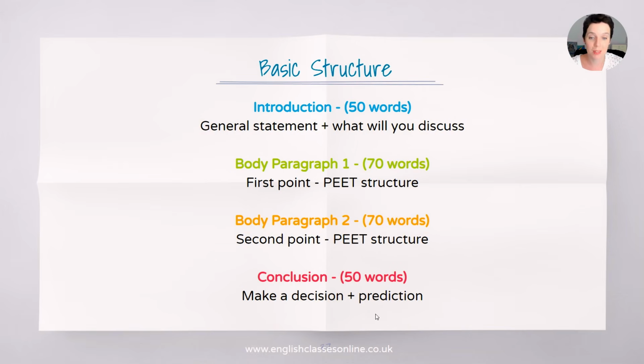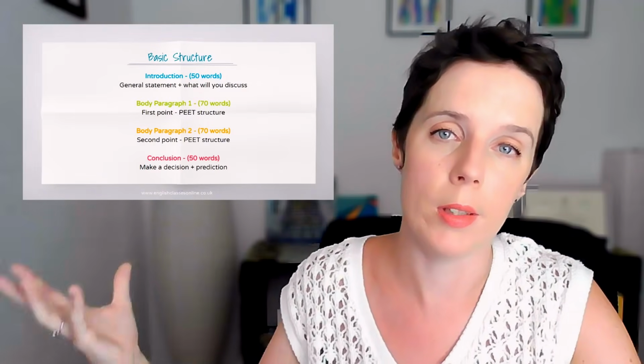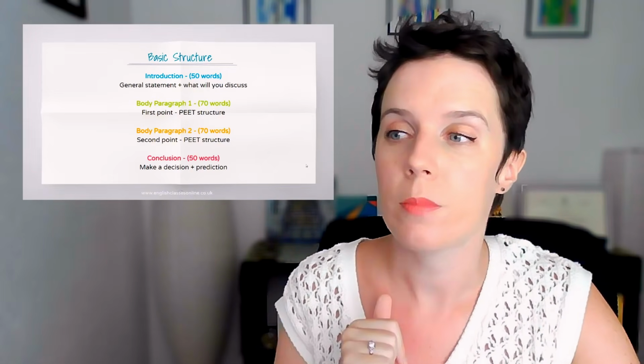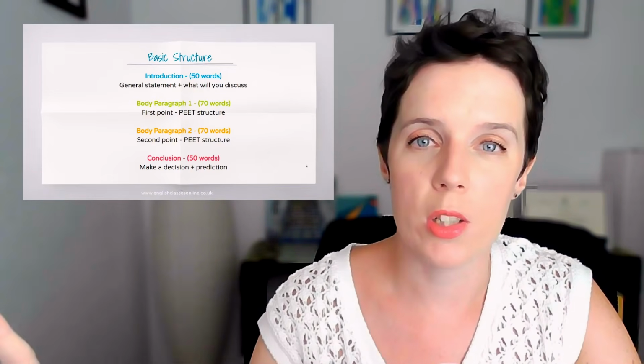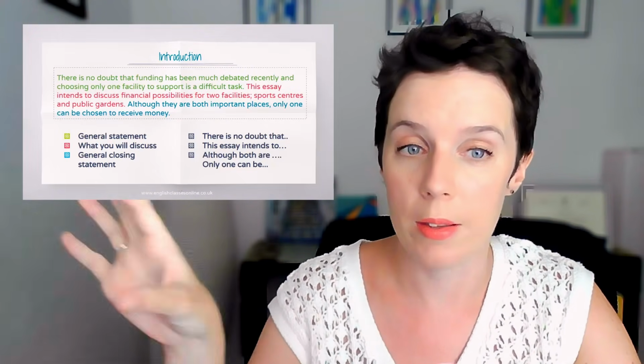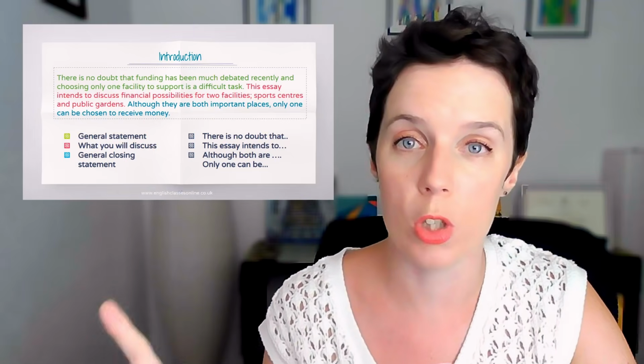You need to make a decision, and you need to make a prediction as well. Or you don't need to, but it's a nice idea too, and it's an easy way to get more points as well. So, that's your basic structure. Now we're going to take a look in more depth at the different parts. So we're going to start with the introduction.